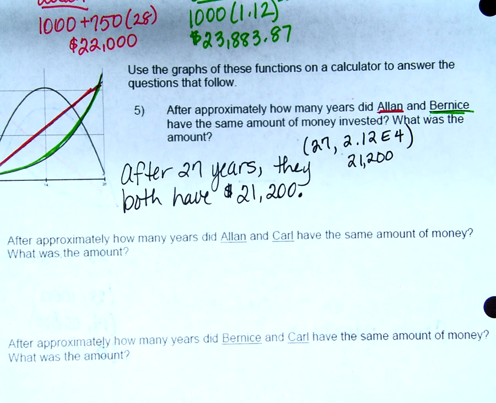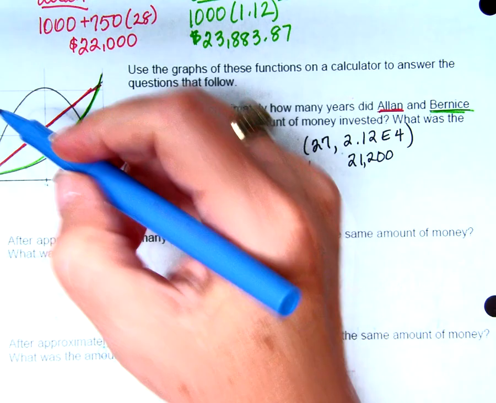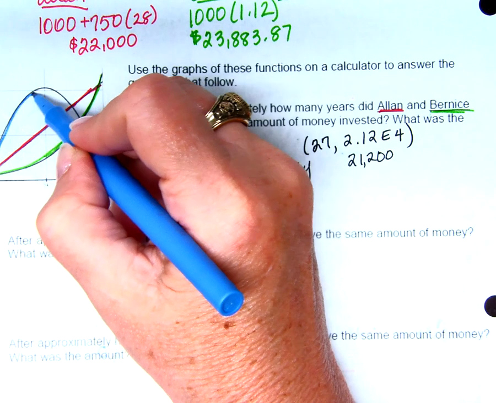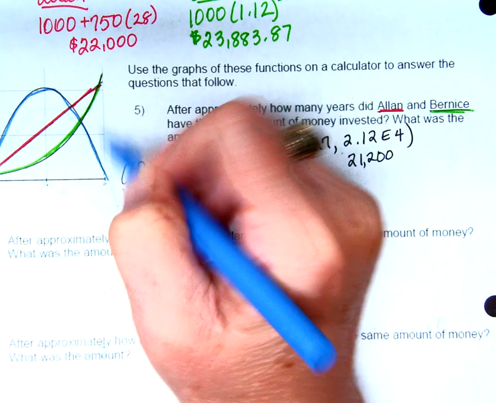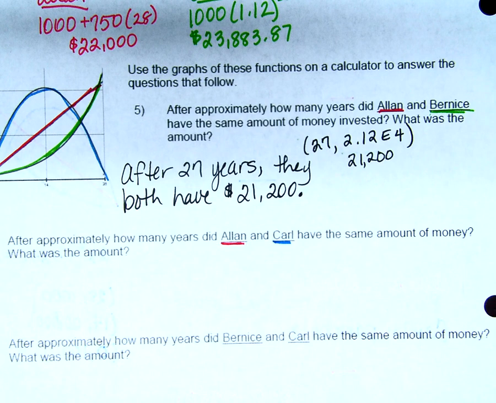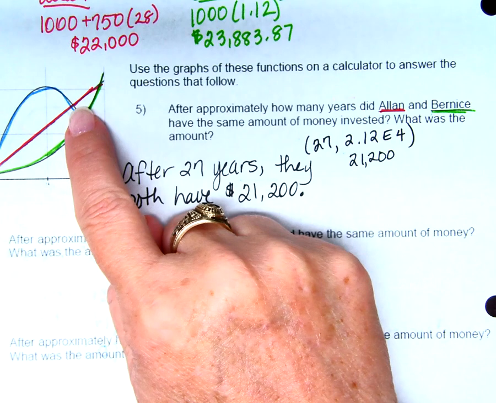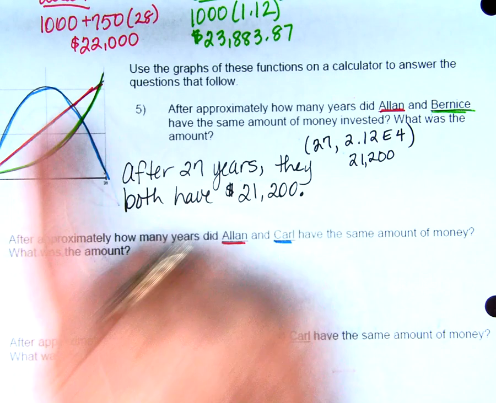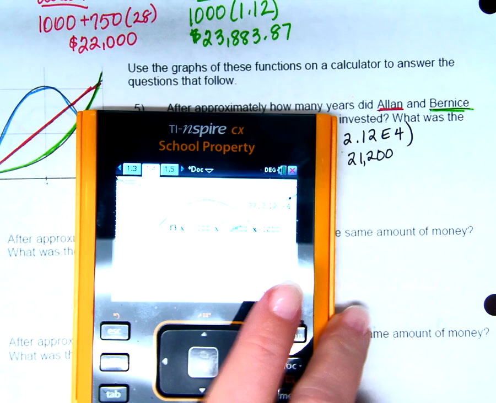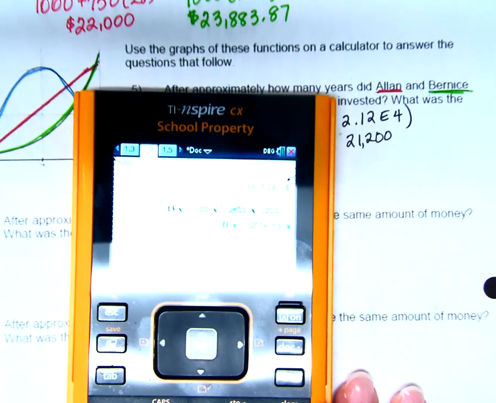After approximately how many years did Alan and Carl have the same amount of money? So what point am I looking for now? That one, right? Alan and Carl. So same steps that I went through the first time.